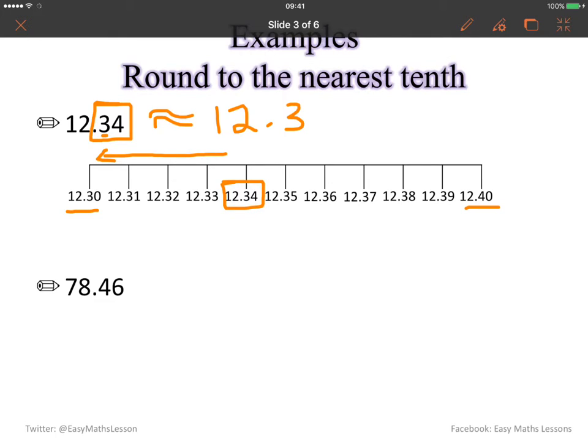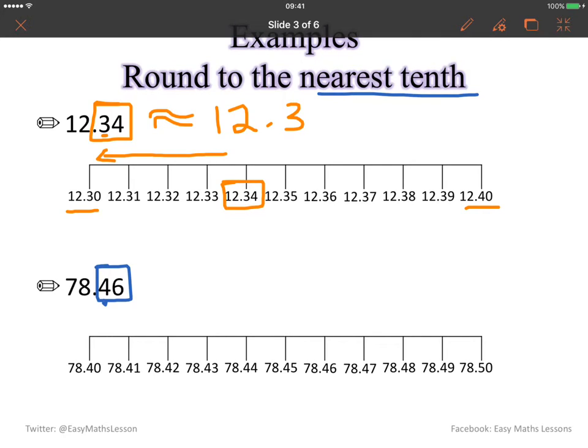Alright, for the next one. The next question also wants you to round to the nearest tenth. Again, I can just look at these two and say, well, 46 is closer to 50 than it is to 40, and therefore 78.5. On a number line, it will look like this. So I will have my 78.4 and I'll have my 78.5.